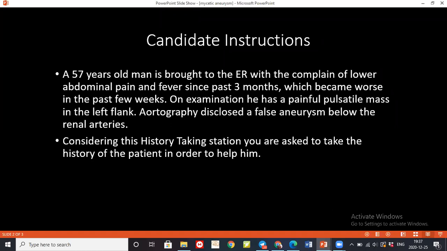We can divide it into minimally invasive and open surgery. In endovascular surgery, we would put a stent through the femoral route, or if that's not possible, we can go for open surgery and put the stent and stitch it. Okay, good.